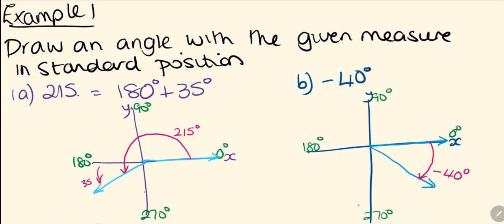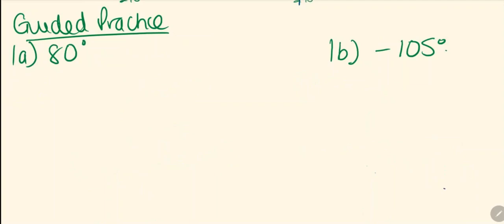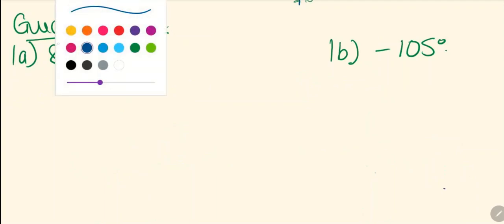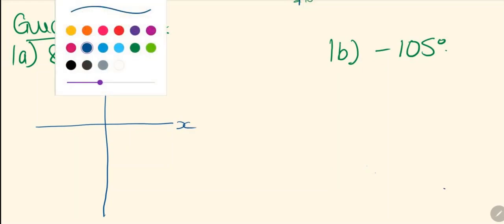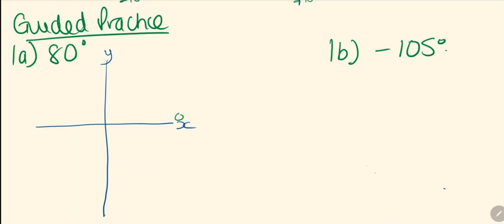So, guided practice. Okay, so we have guided practice 1A, 80 degrees. We're going to draw our axes and label. So we've got 0, 90, 180 and 270.